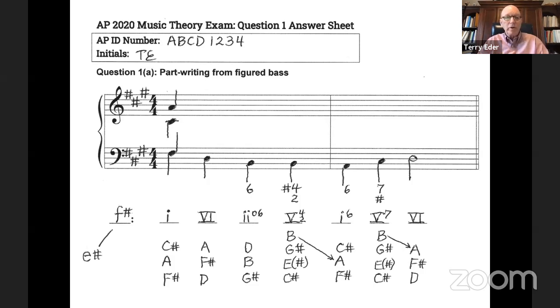I always make sure that I pay attention to that leading tone. And so we were in the key of F sharp minor yesterday. And so I put a little line down from the key there and put E sharp, just to remind myself that probably there's going to be an E sharp, and so I'm going to have to write an accidental on that note.